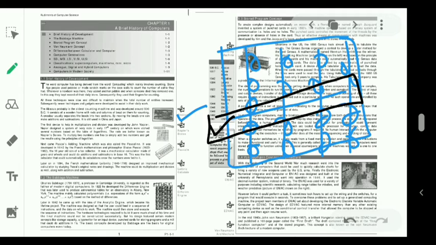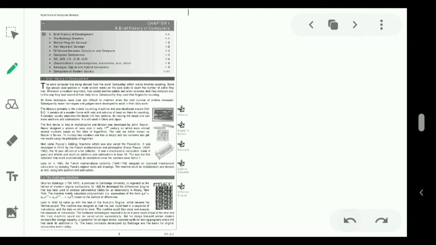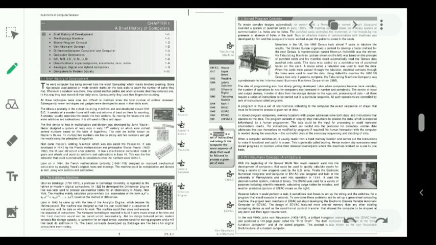Now come to the first device. This abacus only helps in addition and subtraction. But the first device which helps in multiplication and division was developed by John Napier. In the early 17th century, Napier designed a system of ivory rods.